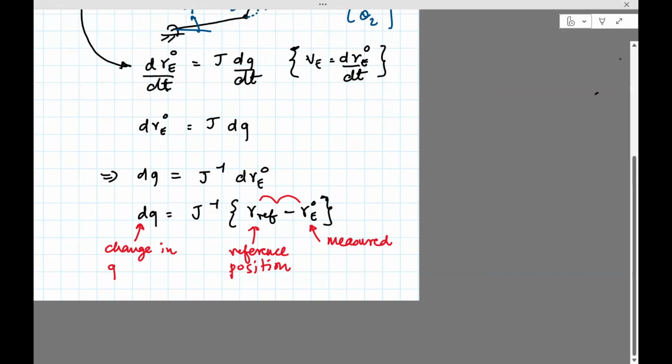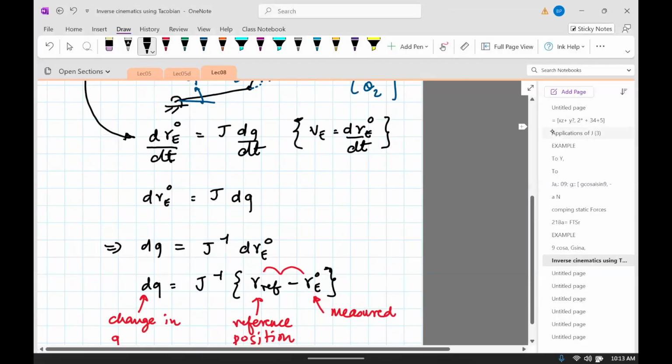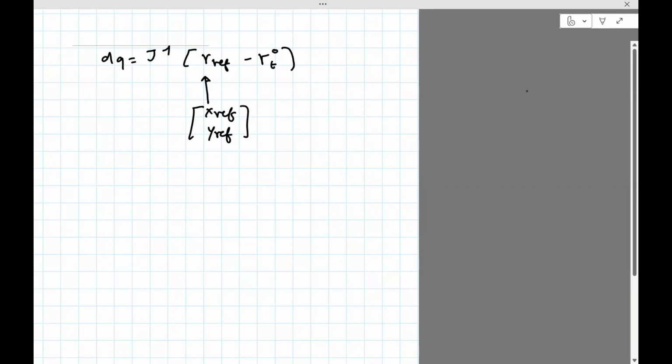We'll write it as the same thing, dq equals J inverse times (ref minus RE in frame 0). So what this would have in it is x ref, y ref, because position of anything has two coordinates, x and y. RE is going to be the x, y coordinate. This is a measurement, and the dq is the update.